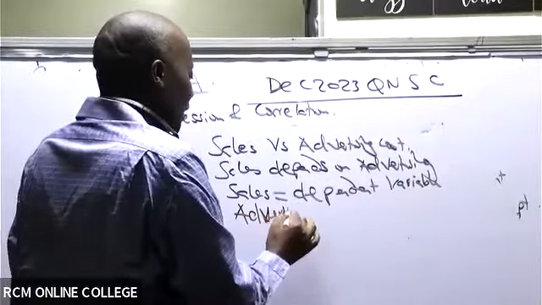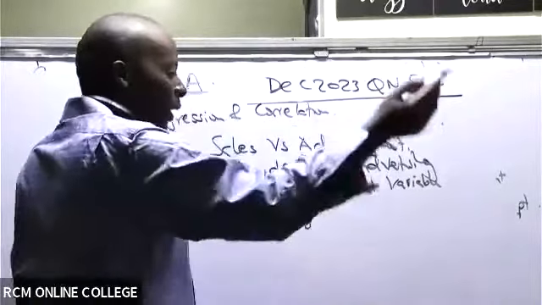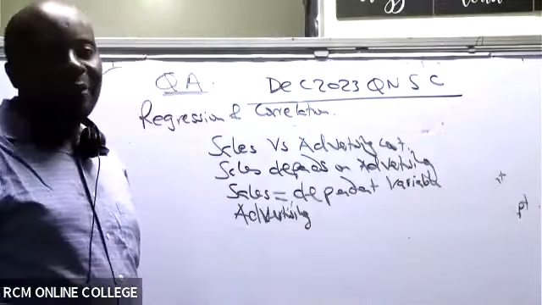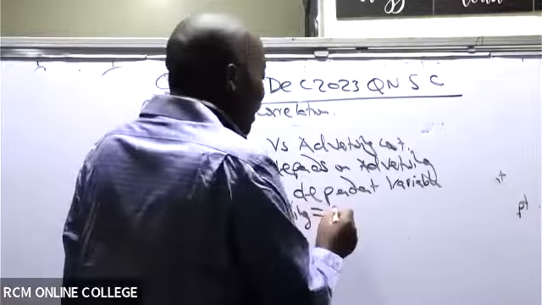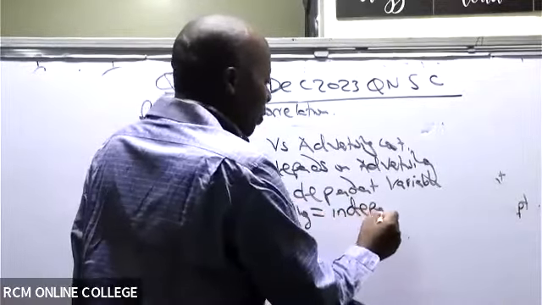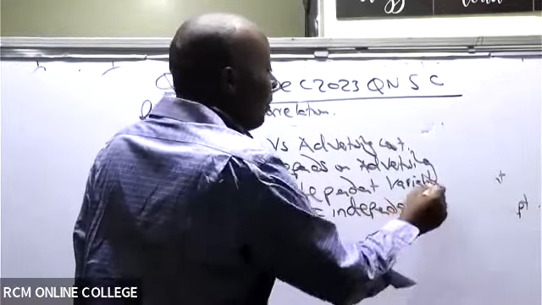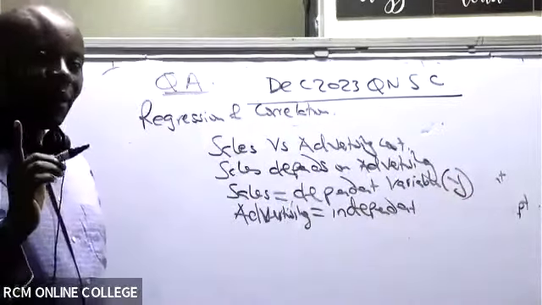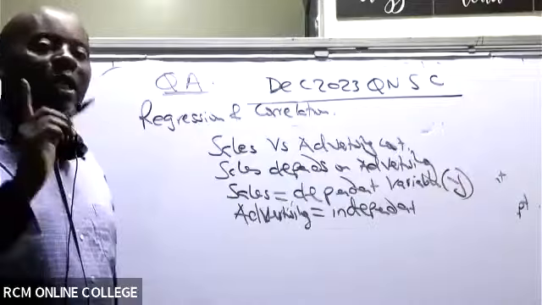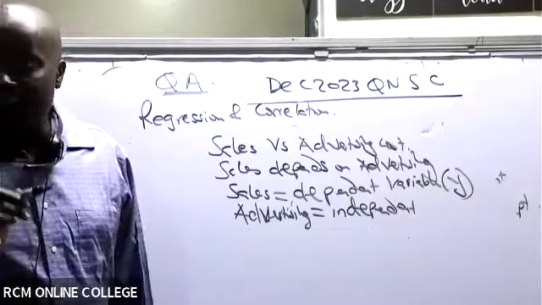Advertising will be on the other side of the coin. So in this case, the advertising cost will become independent. Remember, the dependent variable is always your Y variable.